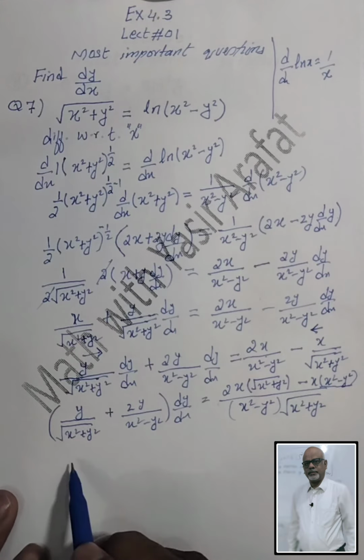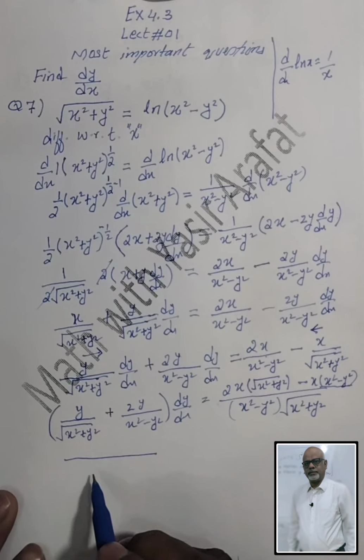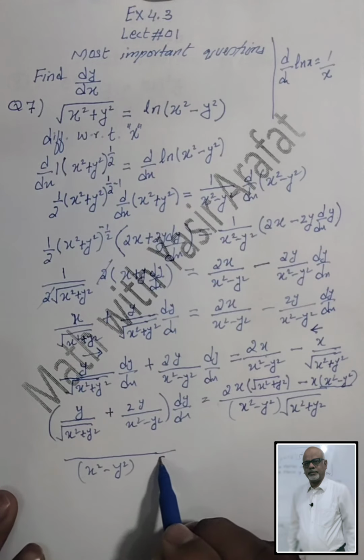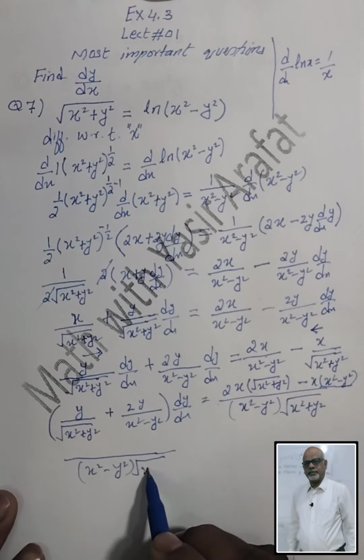Same as we have to take out the LCM here, it is x square minus y square into radical x square plus y square.